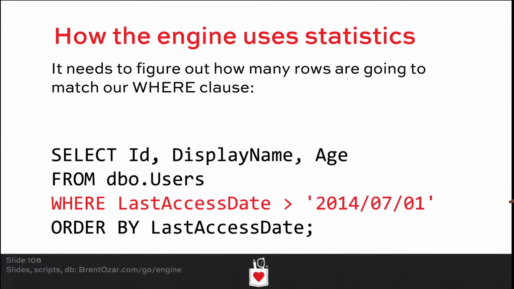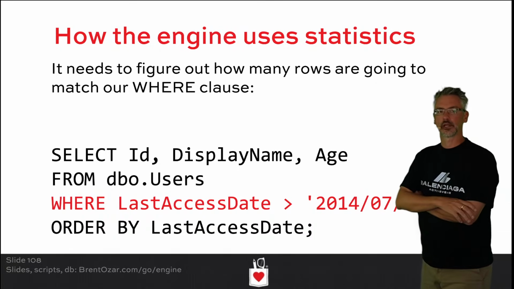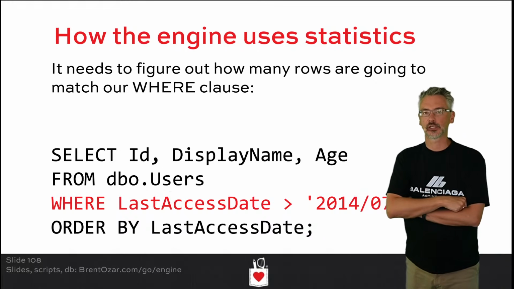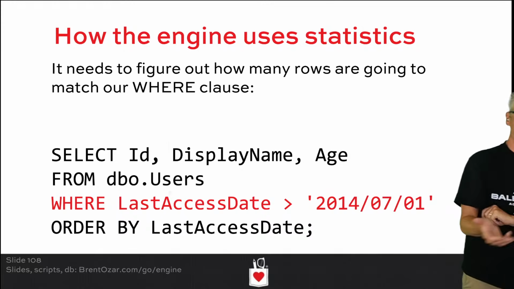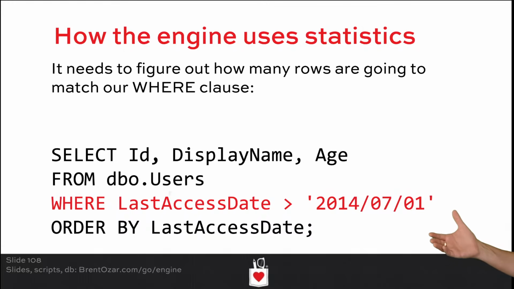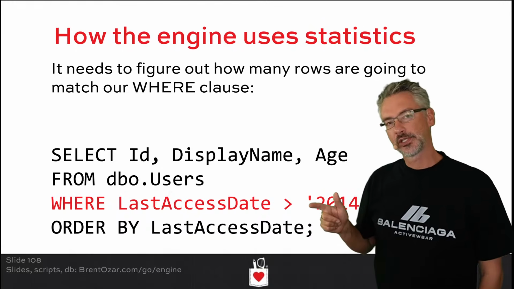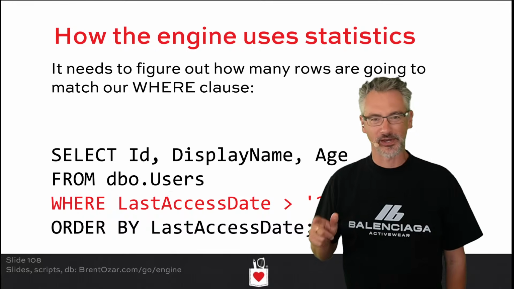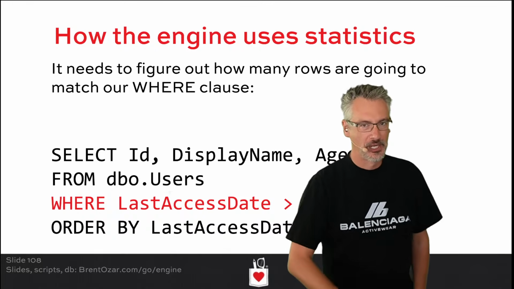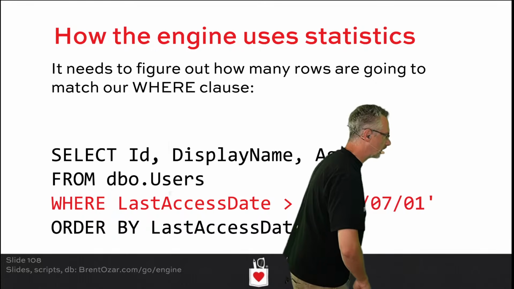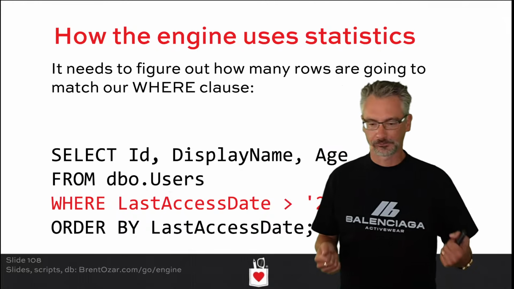When SQL Server goes to estimate how many rows are going to come back, it uses statistics on those columns. Like in the case of our last access date query, SQL Server says, well, for me to figure, I always use a guy's voice for SQL Server because he's dumb and stubborn and he refuses to ask for directions. He's all, trust me, I got this, when he doesn't really got this.